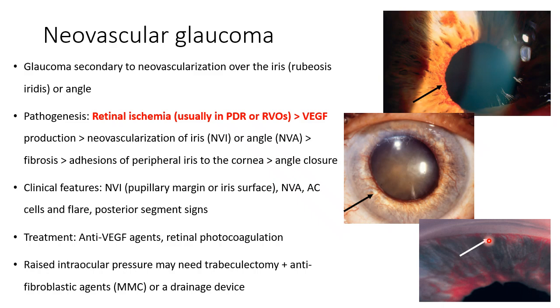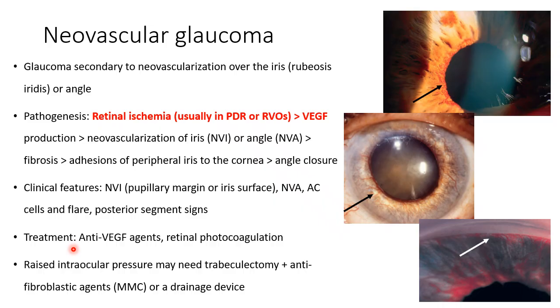So it is advisable to do gonioscopy in all at-risk patients. So besides NVI, NVA, you might find some aqueous cells and flare. You might find a little bit of inflammation, and of course the posterior segment signs suggestive of PDR or retinal vein occlusion. Commonly, ischemic central retinal vein occlusion may be noted.